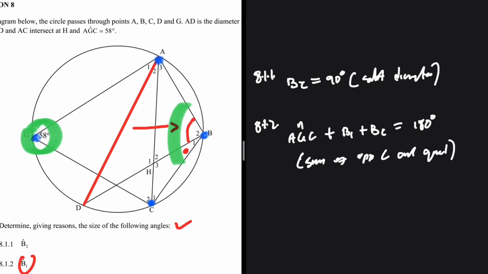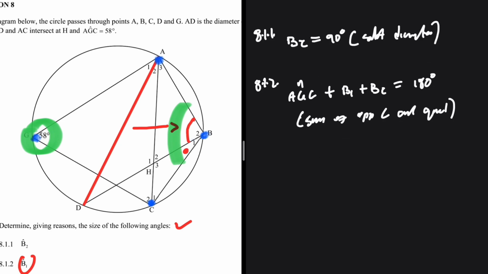We know full well that ABCG is a cyclic quad. What is the size of angle AGC? That is 58 degrees. Plus B1, that's what you're interested in, and then plus B2. B2 is 90 degrees.